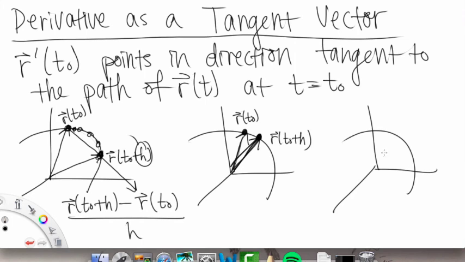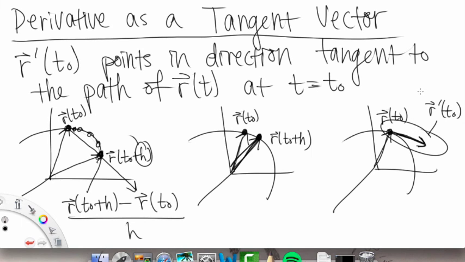We go until we are really close to that point. At this point, as h goes to 0, we have something that looks like that, which is tangent to the path, or the curve, whatever you want to call it. We'll say path, because we're talking about r of t. And this arrow here is represented by r prime of t naught. This is our derivative, okay?